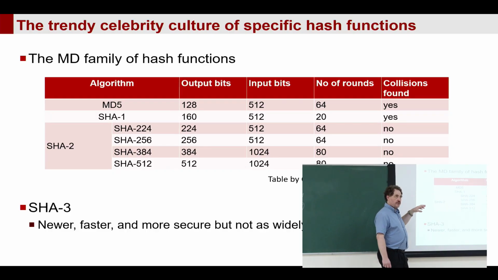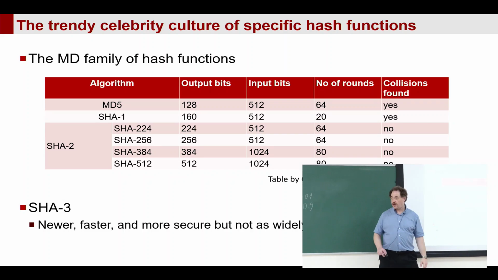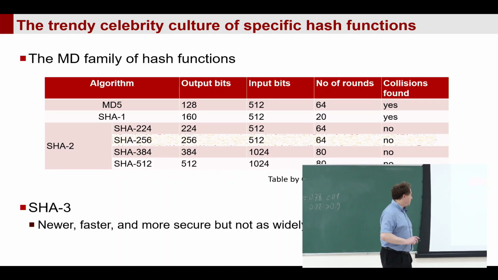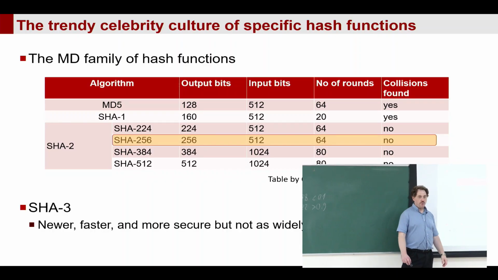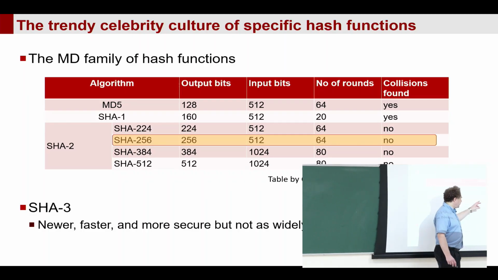So the nomenclature, the naming is a bit confusing, right? SHA-1, SHA-2. And in particular, Bitcoin and many other cryptocurrencies are using SHA-256. That's the one standardized in Bitcoin.